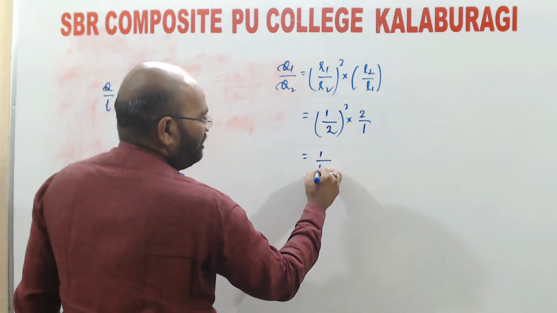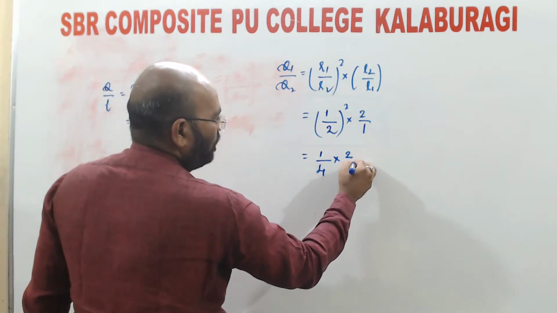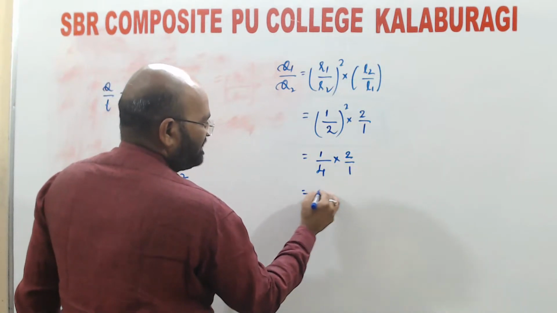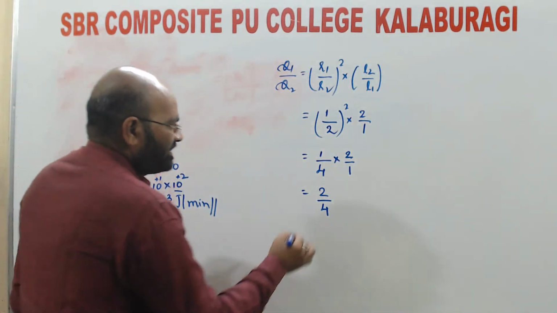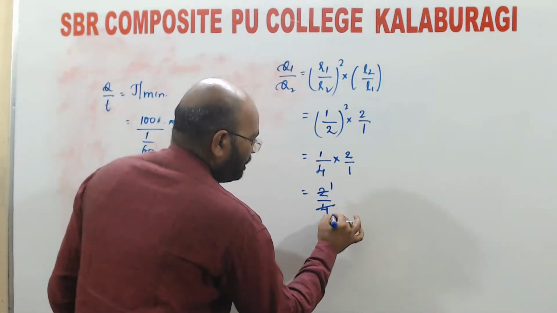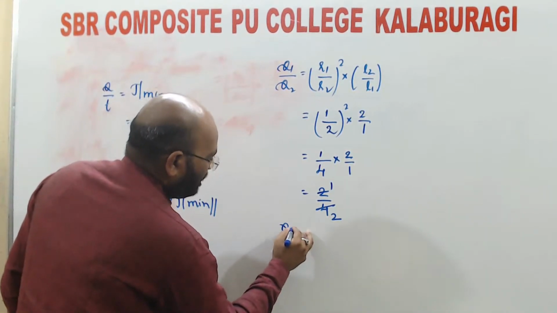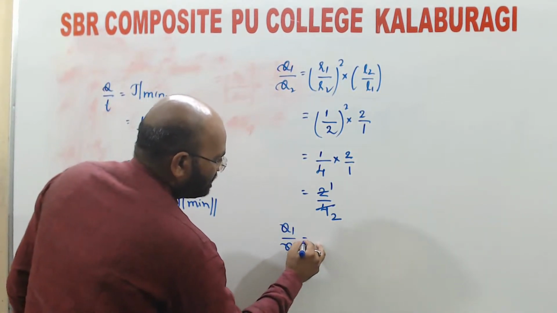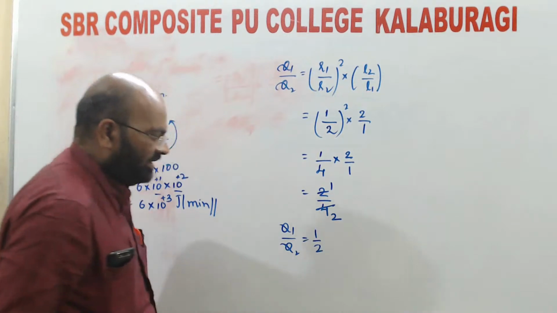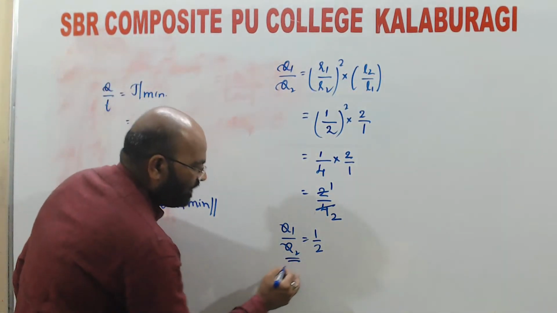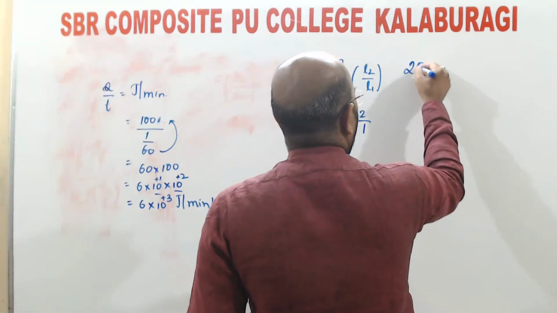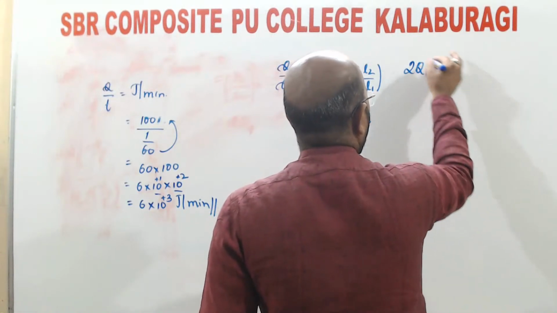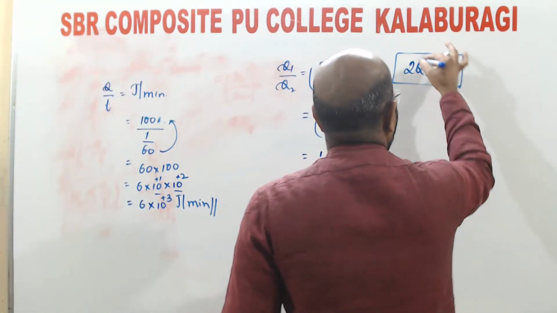This is 1 by 4 into 2, so 2 by 4, which is 1 by 2. So Q1 by Q2 is 1 by 2. To find Q2, cross multiply: 2 times Q1 is equal to Q2. The required answer is this.